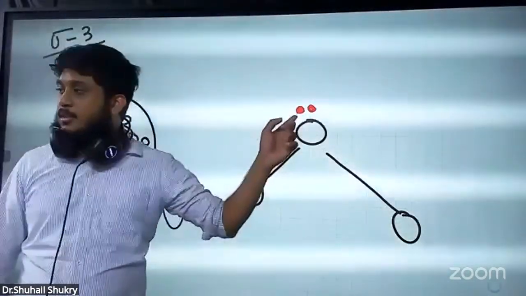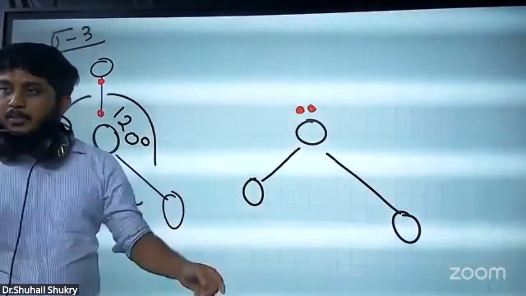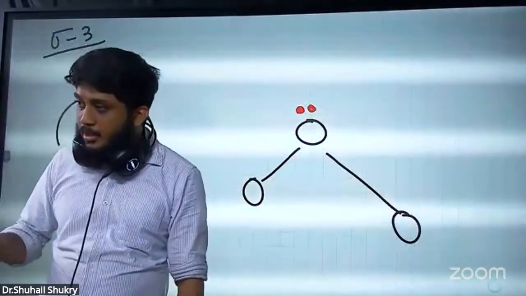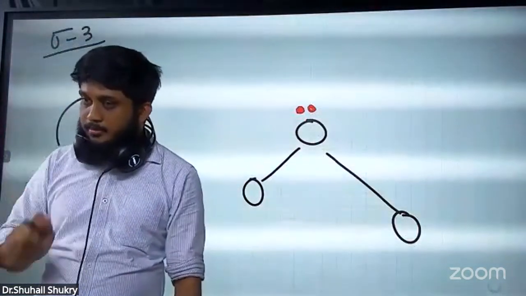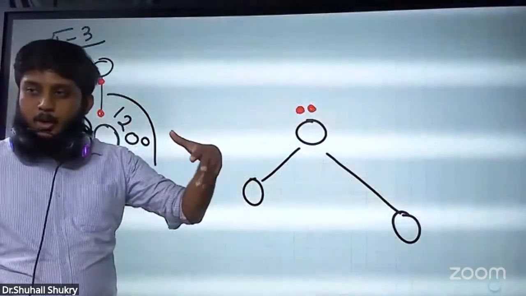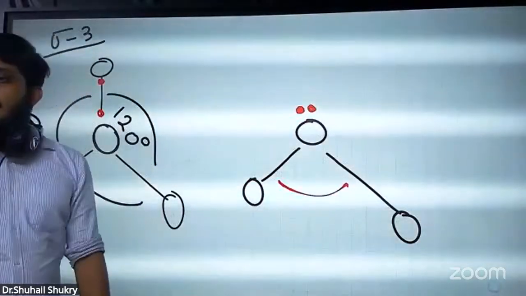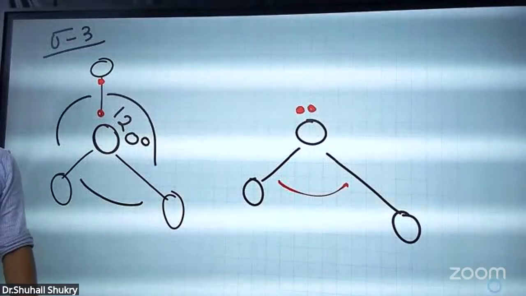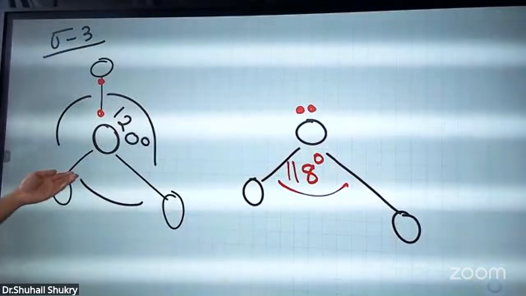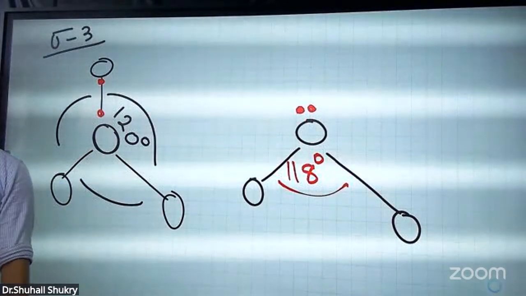From each electron, they will reduce the angle by 1 degree. How many electrons are there? 2 electrons. Then they will reduce the angle by 2 degrees. Then what would be the angle here, guys? 118. Very good. Earlier it was 120. Now they reduce by 2 degrees, now 118. Very nice.